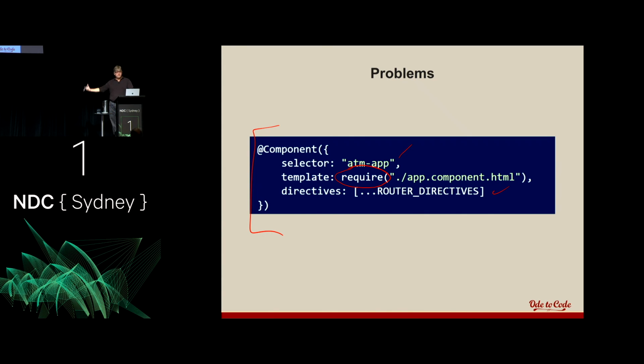So when Webpack is processing this ECMAScript 2015 or TypeScript file, it can see that require and say, oh, you want to bring in an HTML template? Let me also build that into your JavaScript file so everything's put together. And that's nice because now my application can be served from perhaps just a single file. I don't have to send down templates and all this other stuff.